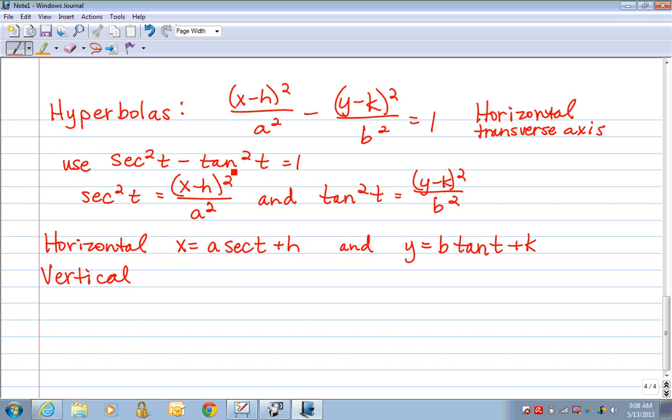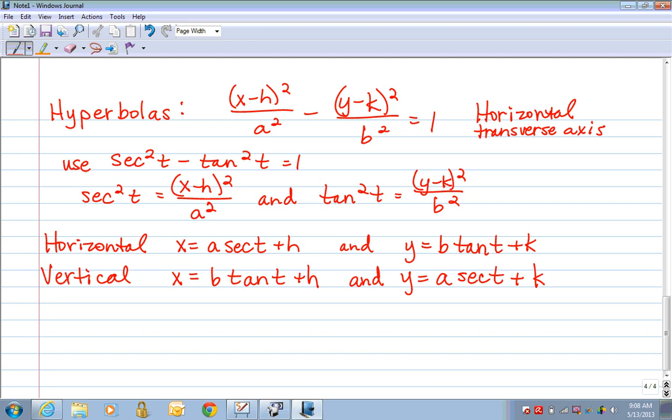So now x equals b times the tangent t plus h, and y equals a times the secant t plus k.